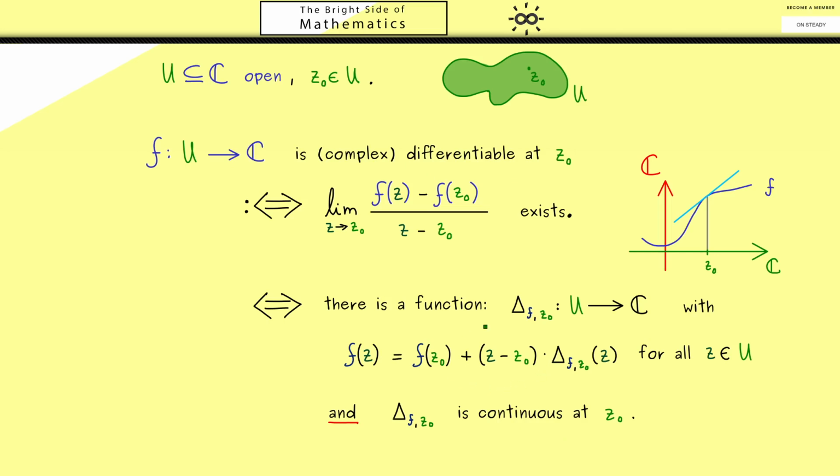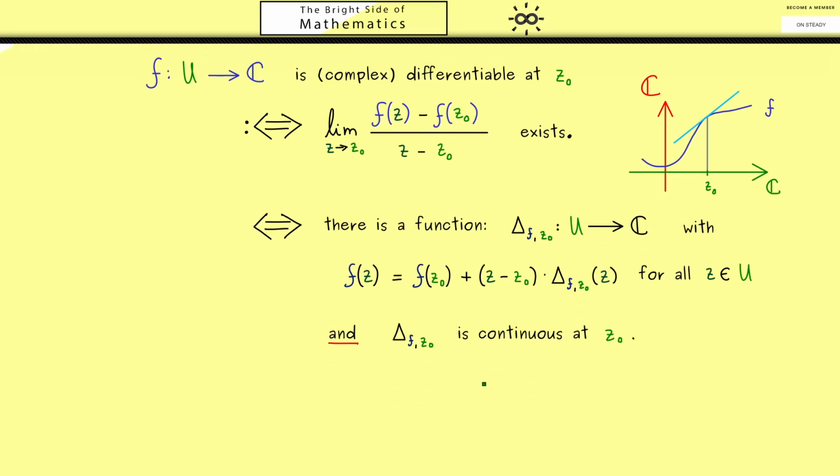Now, with this linear part here, you might already see why we call this a linear approximation of the function f. If you have never seen this, you can watch my real analysis course where I talk a lot about linear approximations.